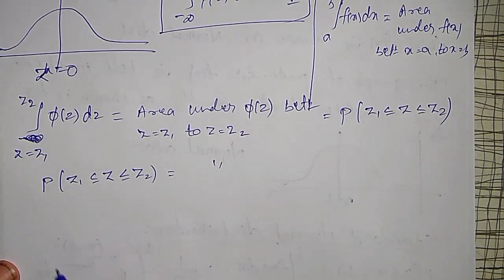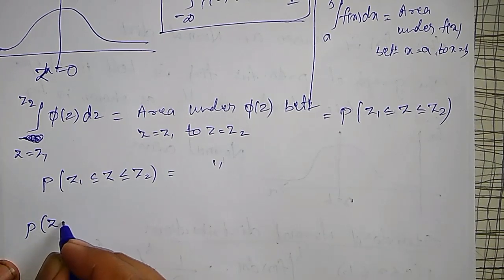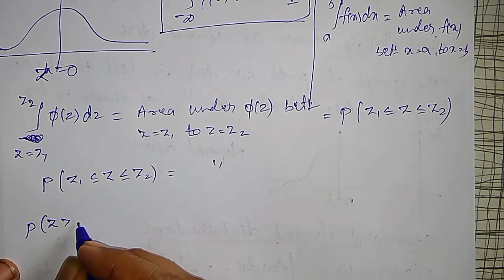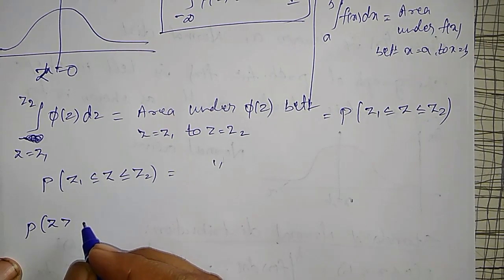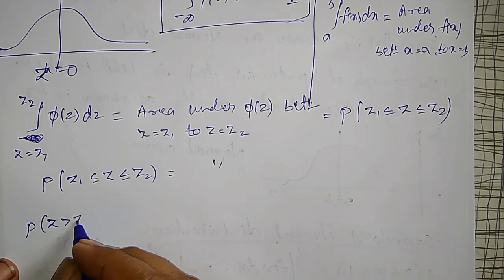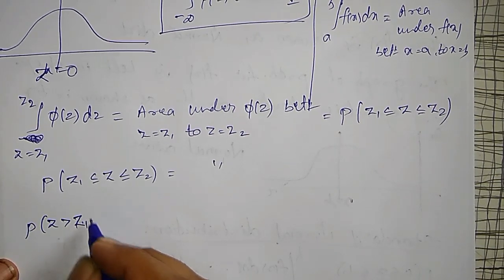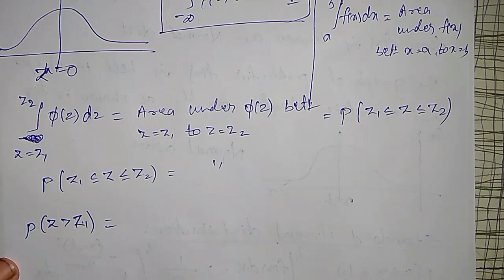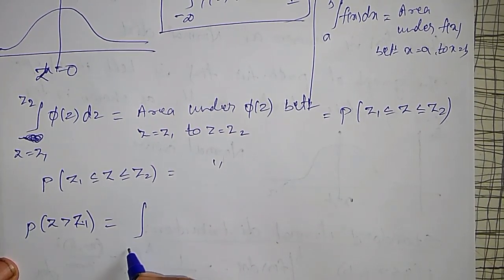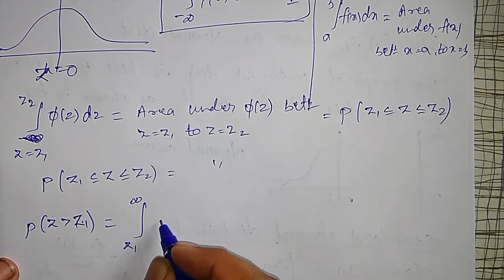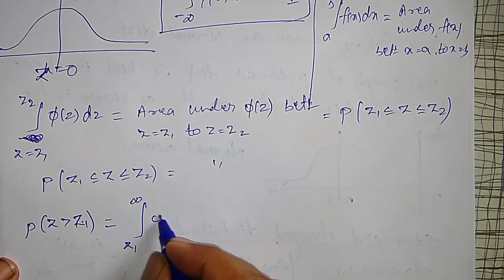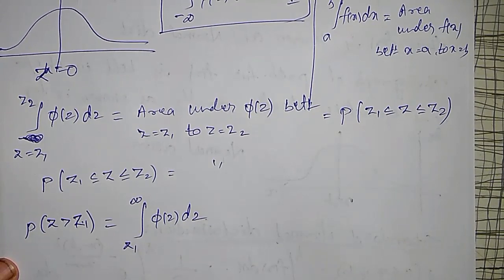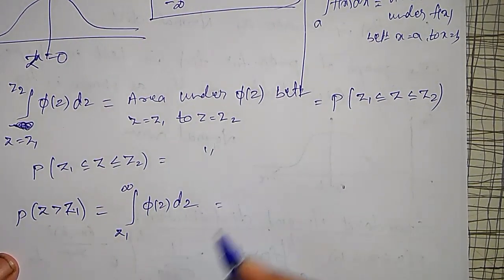Now let me consider the notation. The probability of z greater than z1 is given by the integration from z1 to infinity of phi of z dz. We know this. This integration I will divide into two parts.